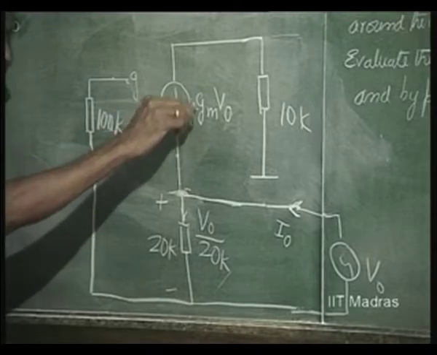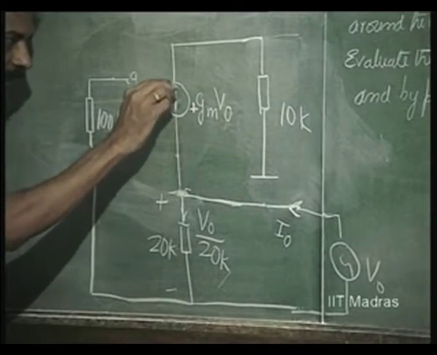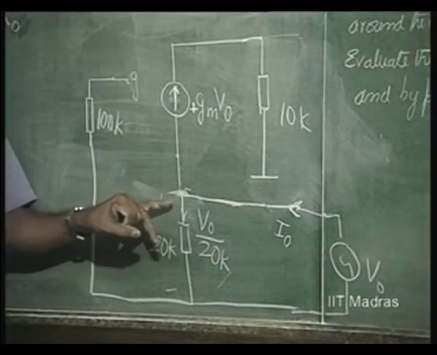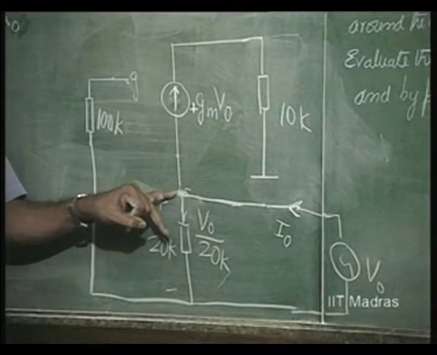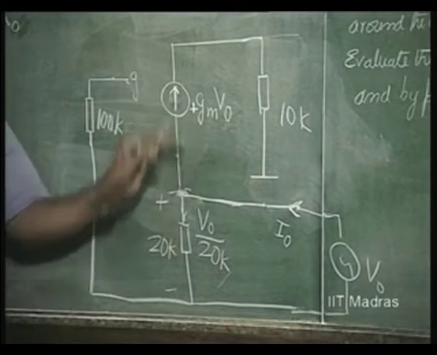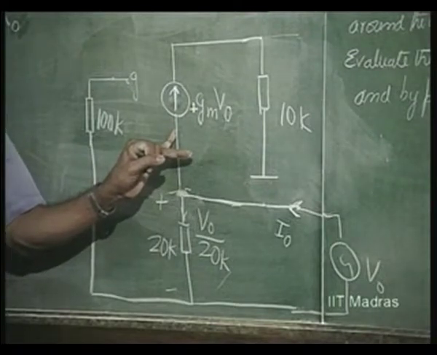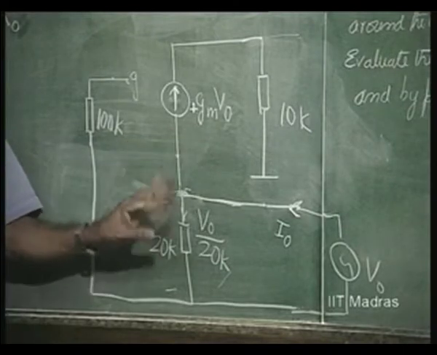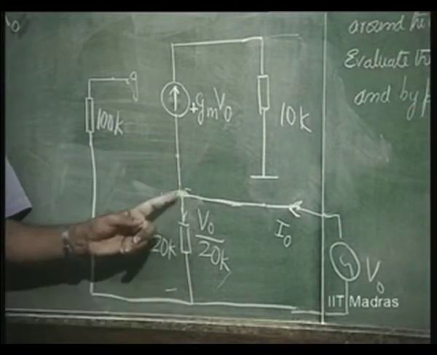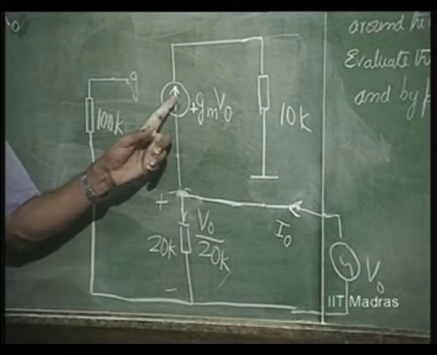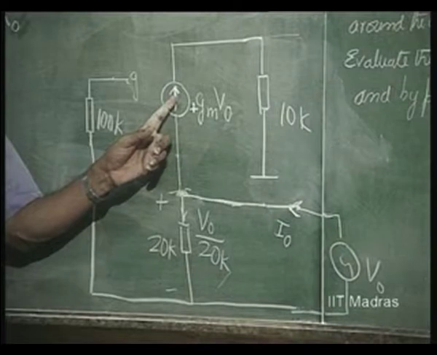So, I will make this plus and change the direction of the arrow this way. So, you can see that there is a current dependent upon V naught flowing in this direction as well. That means, this can be replaced by a resistance of magnitude 1 over GM, because the voltage across this is V naught and the current flowing out of this is GM into V naught.